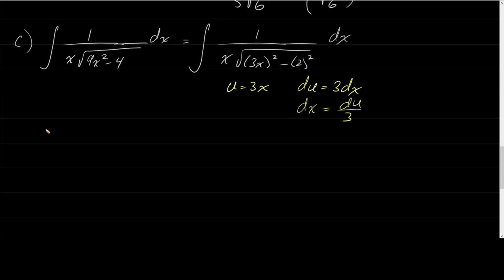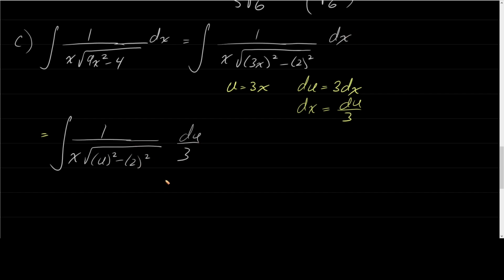And now we end up with, well, the integral of 1 over, well, this x, I didn't use it for my substitution, so it's still out here. X times the square root of this 3x, that was my substitution, so I've got u squared minus 2 squared, and then this dx, that became du over 3.